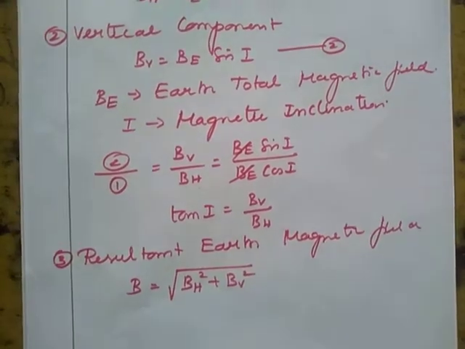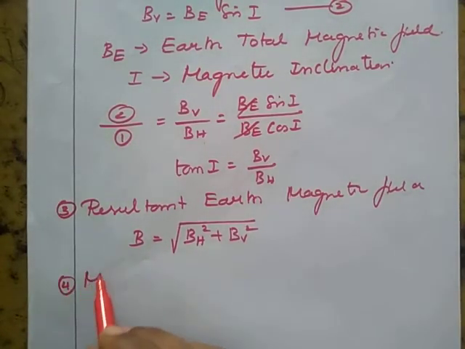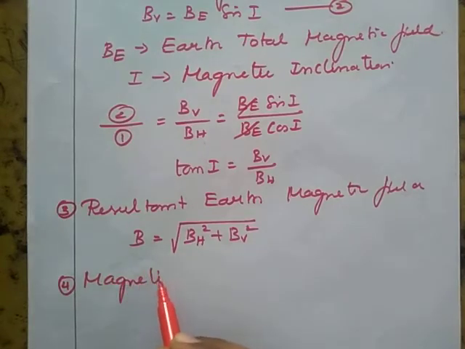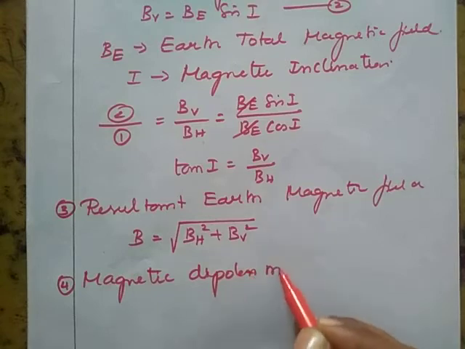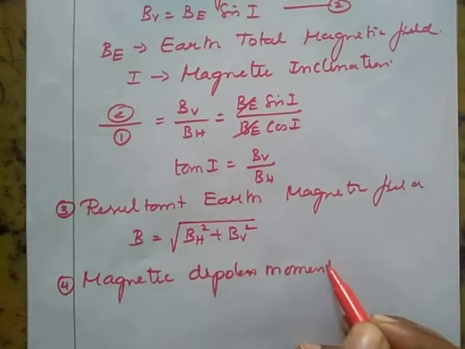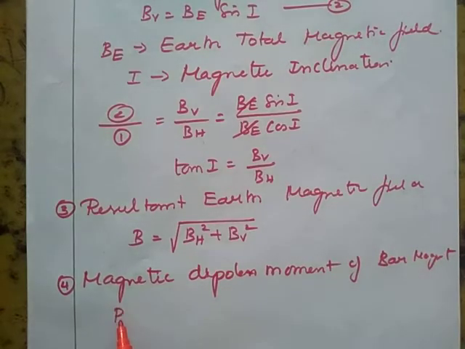Okay, then let me see the magnetic dipole moment of a bar magnet. It is indicated as PM vector because it is a vector quantity.